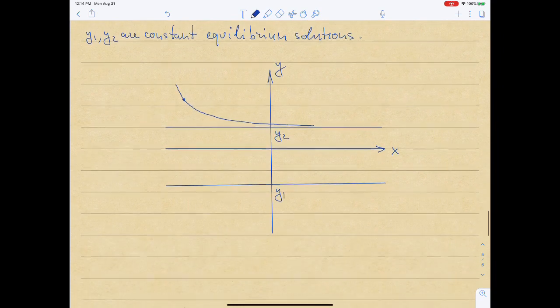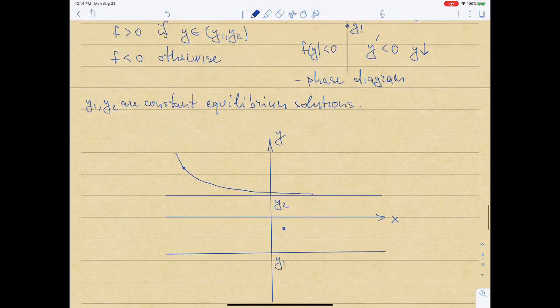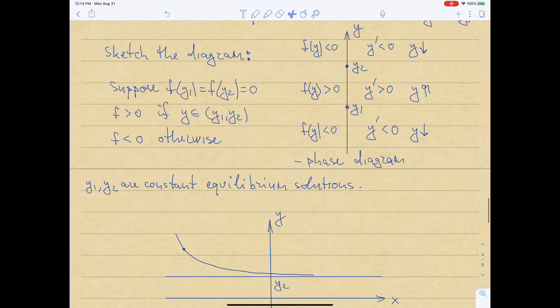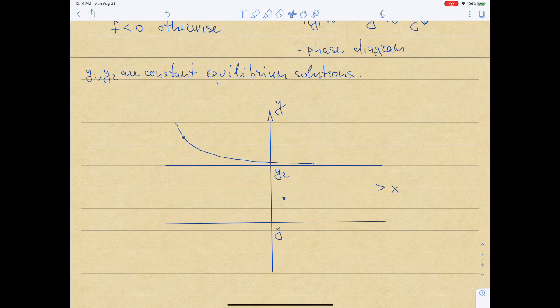All right, so if I now choose to start at some point between, let's say, y1 and y2, in this middle strip, what should happen there? There, y prime is greater than 0. So if y prime is greater than 0, that means that your function is increasing everywhere for any y between y1 and y2. And not only that, but again, these graphs cannot intersect the lines y1 and y2 because no two solution curves can intersect.